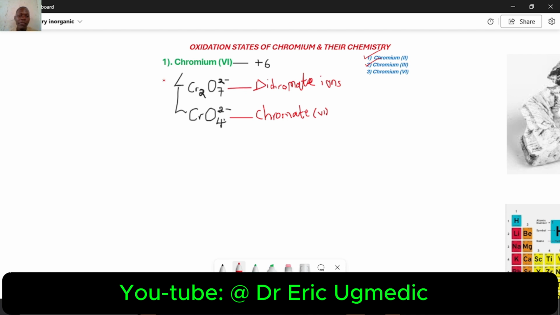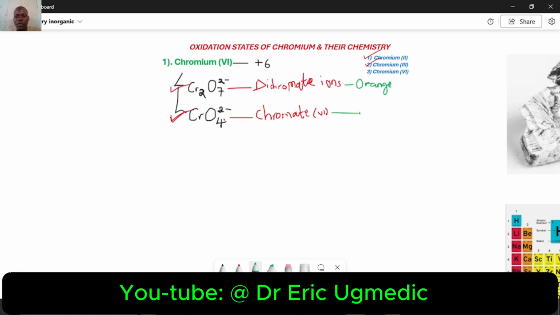So having known that there are two forms, we can now look at two or three more things about these two. We shall start with the color. This one will appear orange in solution, as you are going to see in some of the compounds.